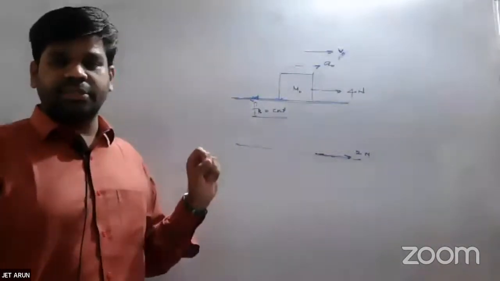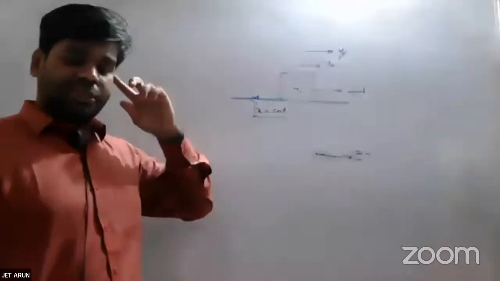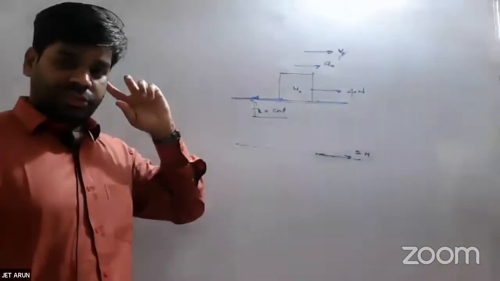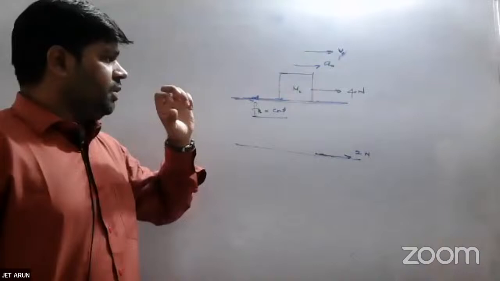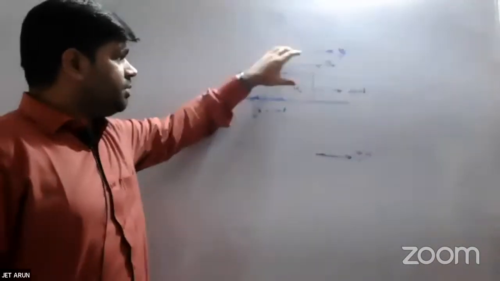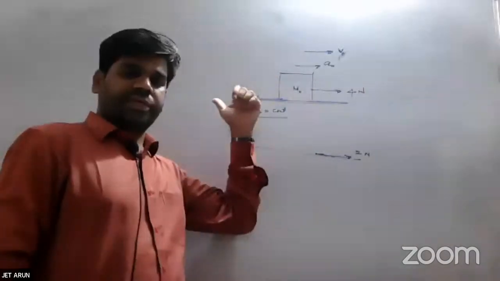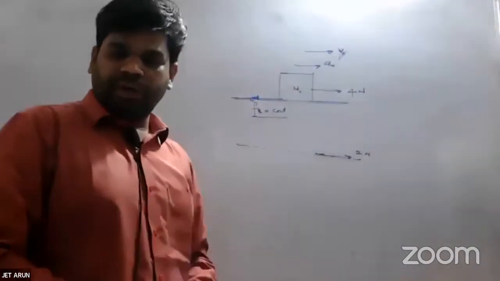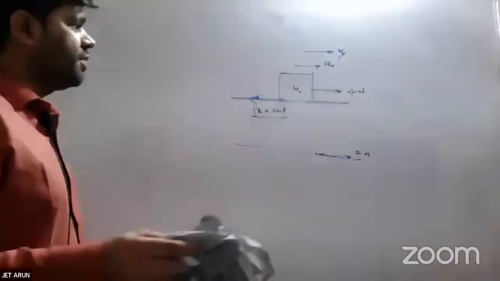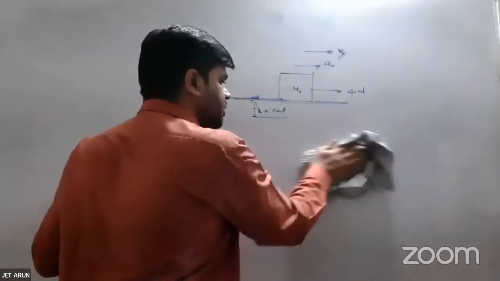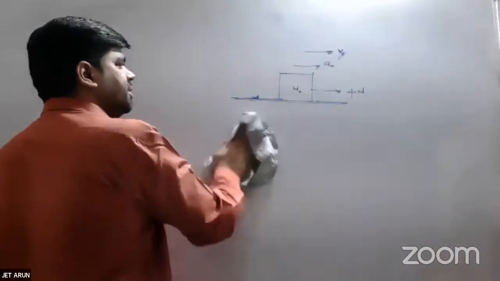Direction of kinetic friction is very easy to figure out. If velocity of the block with respect to the surface is towards right, kinetic friction is towards left. If the velocity is towards left, kinetic friction is towards right. It opposes the relative motion between the surfaces.